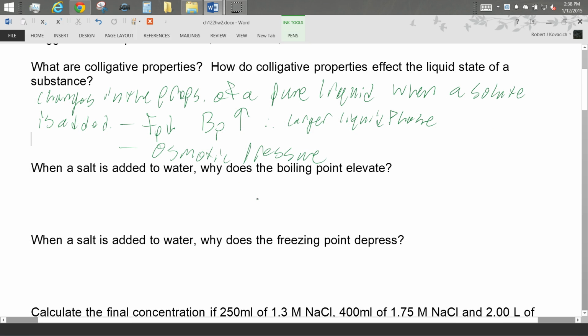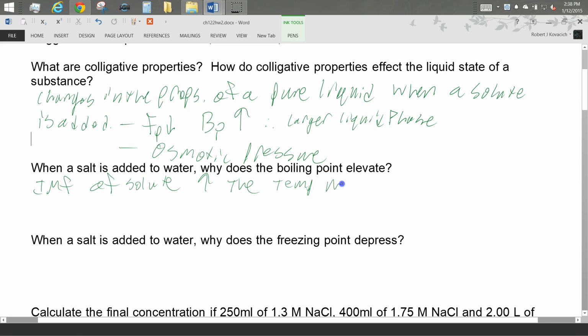When a salt is added to water, what happens? Why does the boiling point elevate? Okay. Do you think molecular forces are stronger? Okay, so the intermolecular forces of ions increase the temperature. Let me get rid of ions and just put solute.